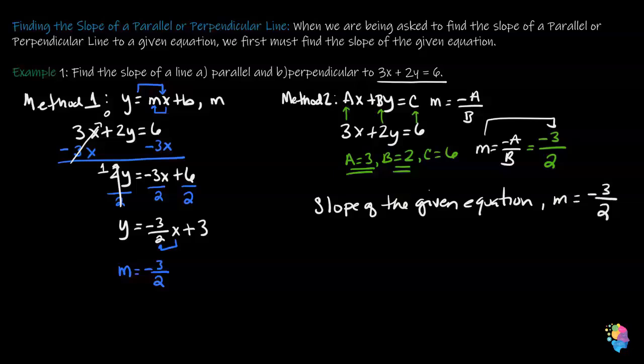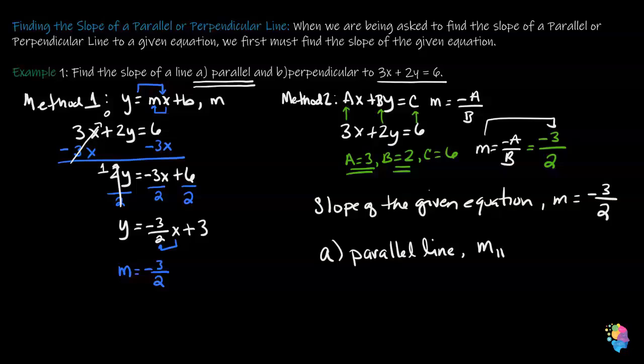So now we're ready to find the slope of the parallel line. Remember from before, parallel lines have the same slope. That means that the slope of a parallel line sometimes is marked by a double bar like this. So when you see m with a double bar as a subscript, that means that they want the slope of the parallel line.